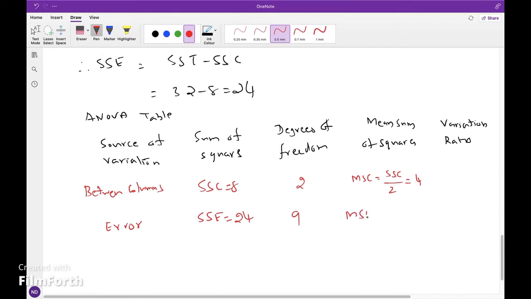Mean sum within column, SSE by 9, that is equal to 24 by 9. Ratio FC equal to 4 into 9 by 24, that value is 1.5.